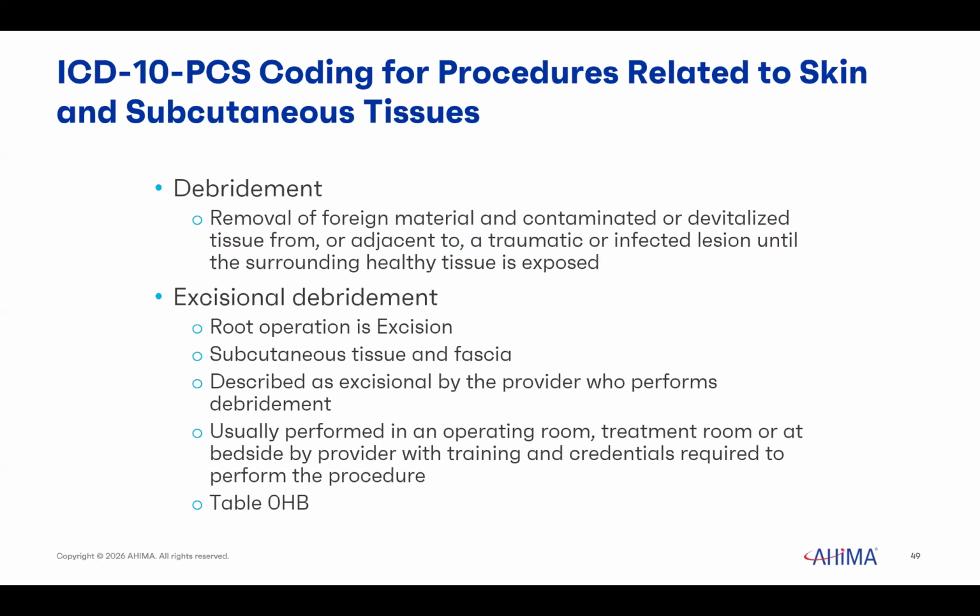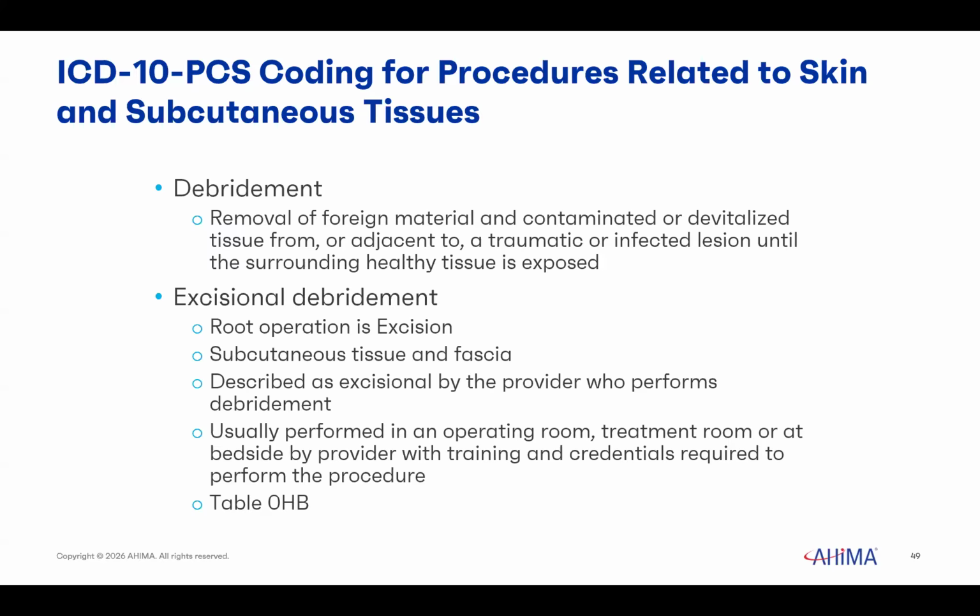Debridement involves removing devitalized or contaminated tissue. If it's an excisional debridement, it uses the root operation excision when the provider documents cutting away tissue. And this is something we see sometimes in nursing home patients involving cutting away the subcutaneous tissue and fascia, found in tables 0HB or 0JB, right?